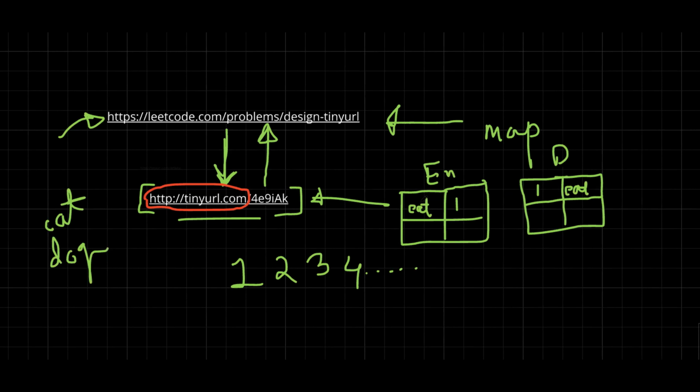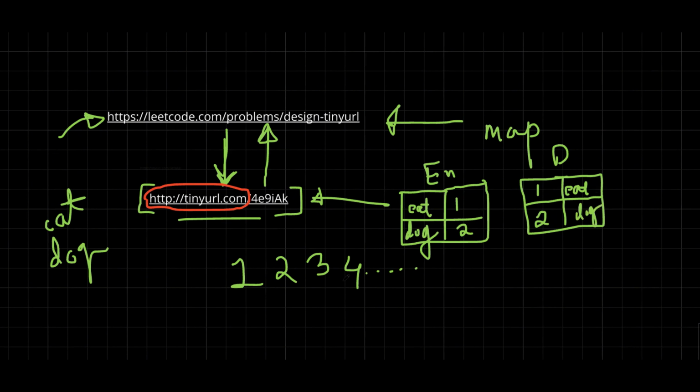So, we cannot use 1 to encode the word dog. So here, dog will be encoded by using the value 2. Similarly, the decoding map for 2 will have the entry dog.